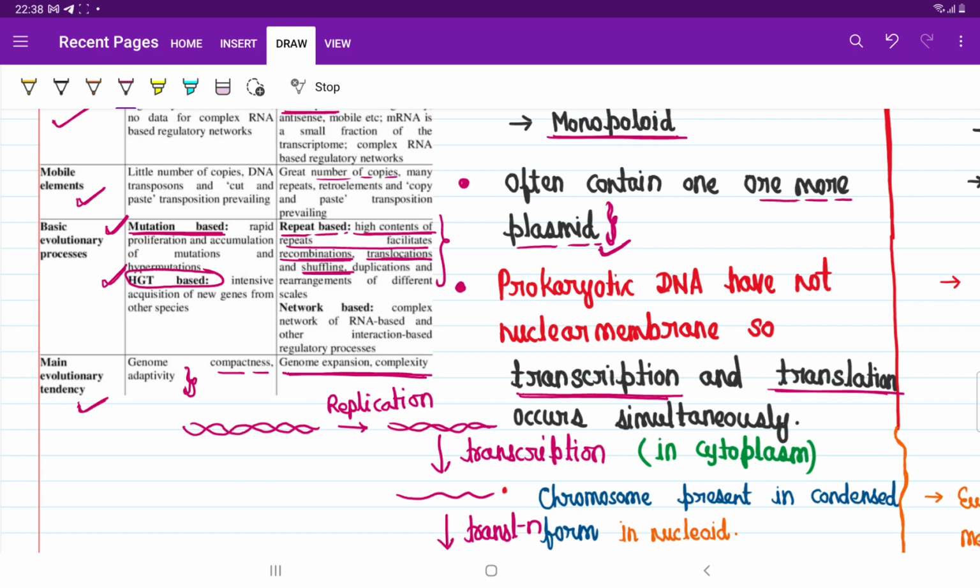And then we saw that the main evolutionary tendency in the prokaryote is genome adaptivity or genome compactness. But here it is genome expansion and complexity.